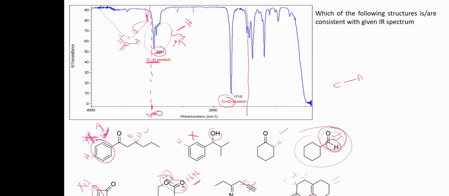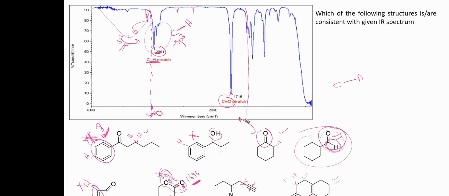When you have conjugated ketones with an alkene or a lone pair, these electrons conjugate, which makes the C=O a little weaker. It has partial single bond character, so the C=O stretches at a lower wave number. If the C=O is conjugated, it will be below 1700. If you have a pure carbonyl, it will be at or above 1700.